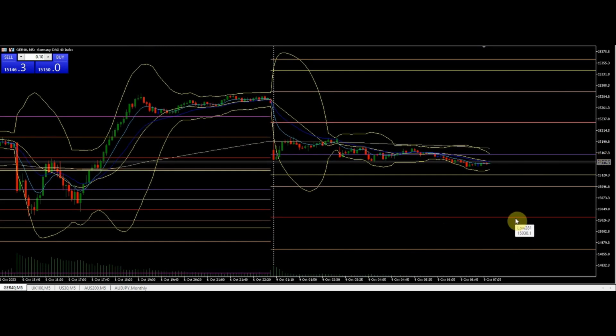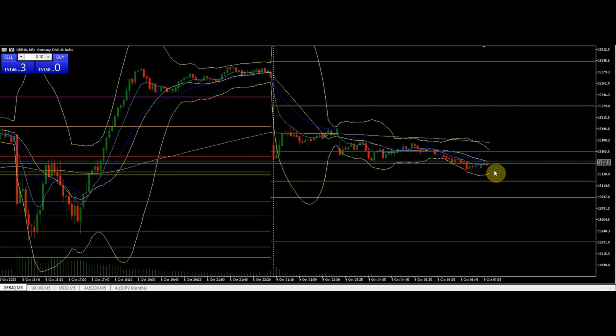So down here, 15,030, we've got the previous day's low, so Friday's low, based on the official cash pricing. I get that from a data feed, and then I plug it into my indicator, and I basically put the numbers in, and it overlays these levels for me.